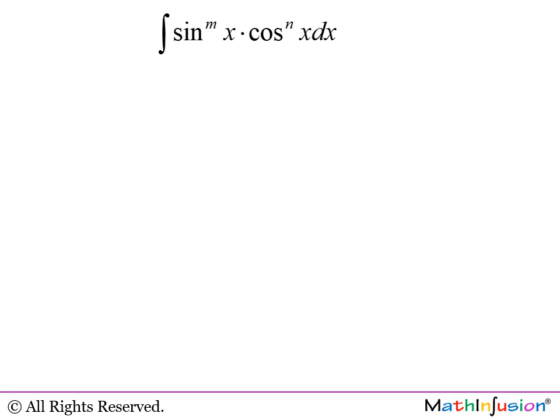Let's now do a real workout about the general case of integrating sine to the power of m x times cosine n x dx. As we already understood, everything is just about the parity of m and n.